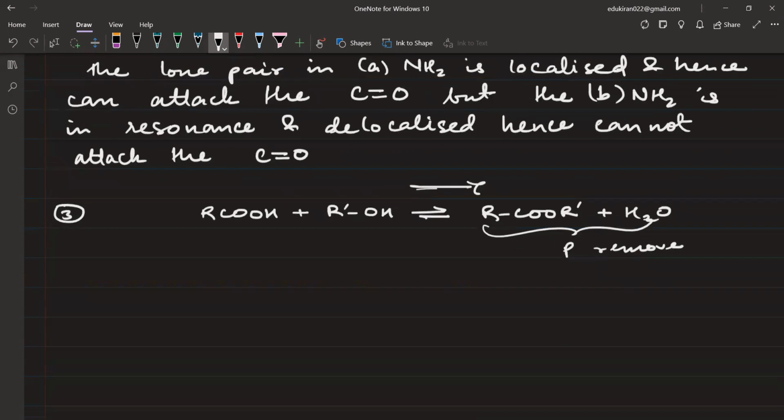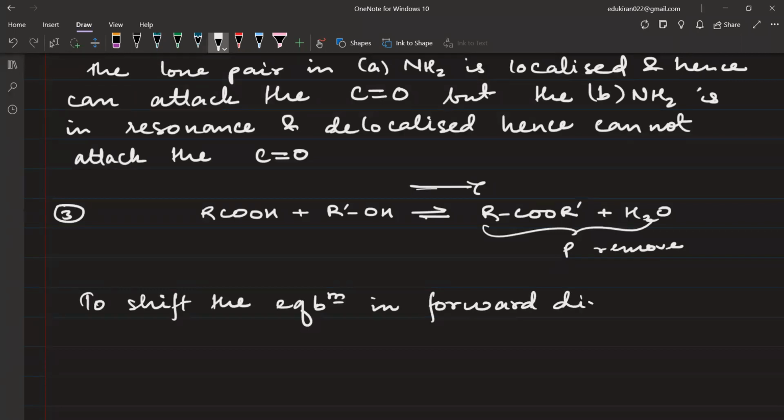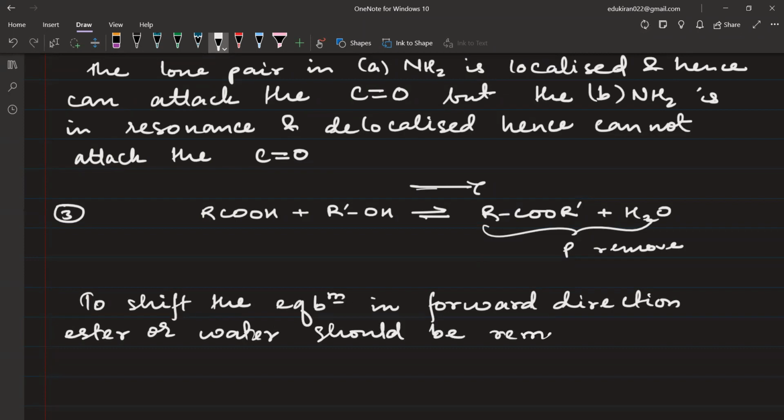So please write the answer like this. To shift the equilibrium in forward direction, ester or water should be removed as soon as it is formed.